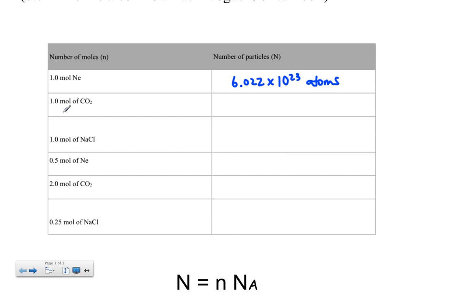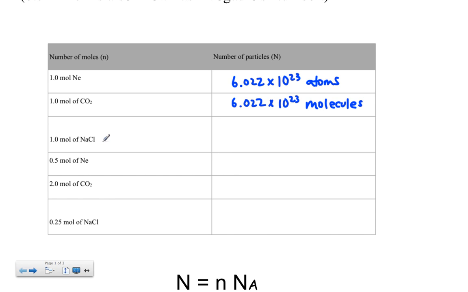At the same time, if I have 1 mole of CO2, I have that many CO2. But because CO2 is a molecule, the type of particle is a molecule, so I will call it a molecule. But I have this many, 6.022 times 10 to the 23 molecules of CO2.